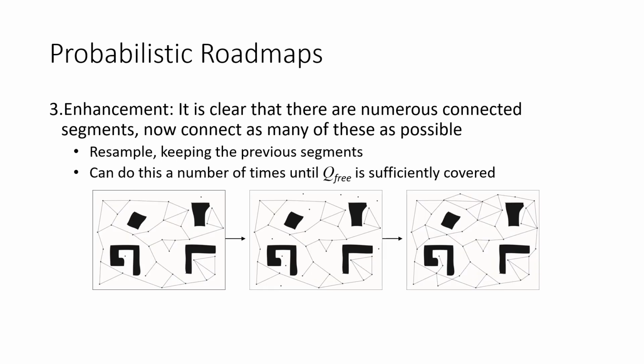In this enhancement step, you have to find different schemes in which these nodes are well connected, and you have all the possible routes connected so that you can later exploit them to find a better path from the starting configuration to the final configuration. So I'm assuming that in the refinement steps, you have connected all these nodes together reasonably well.